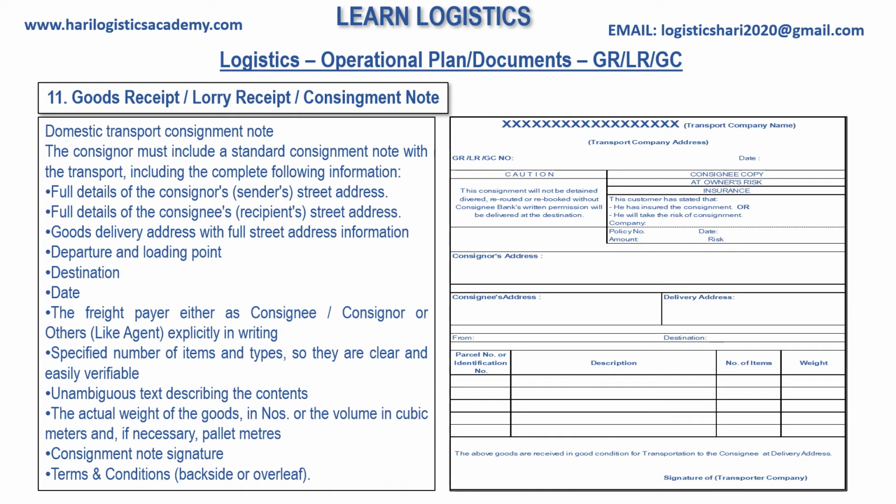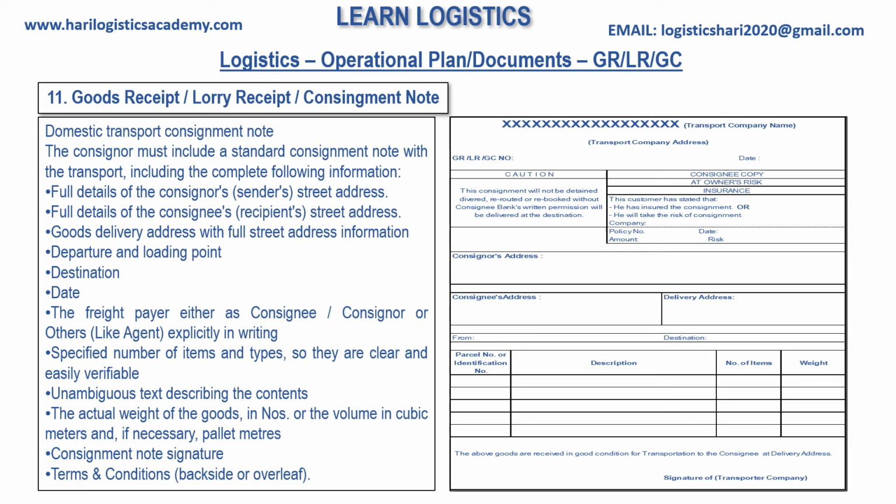The consignor must include a standard consignment note with the transporter, including the following complete information: full details of the consignors or senders, including street address; full details of the consignees or recipients, including street address, and goods delivery address with full street address information.